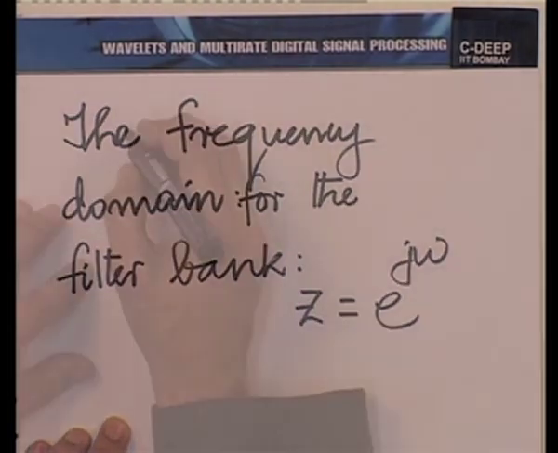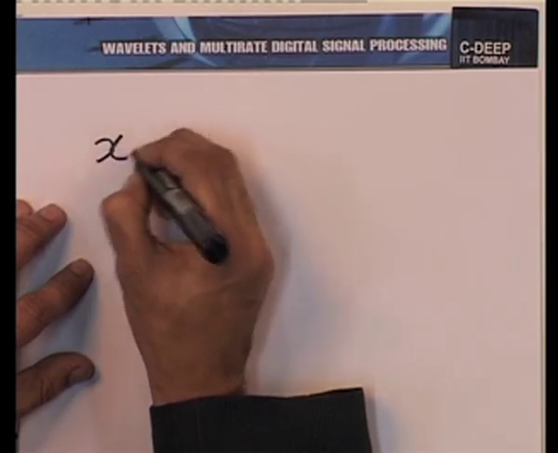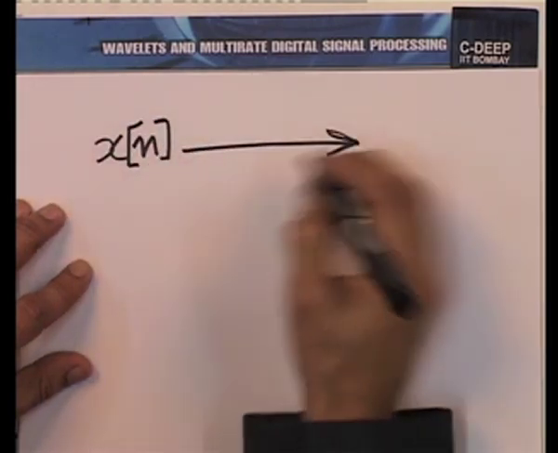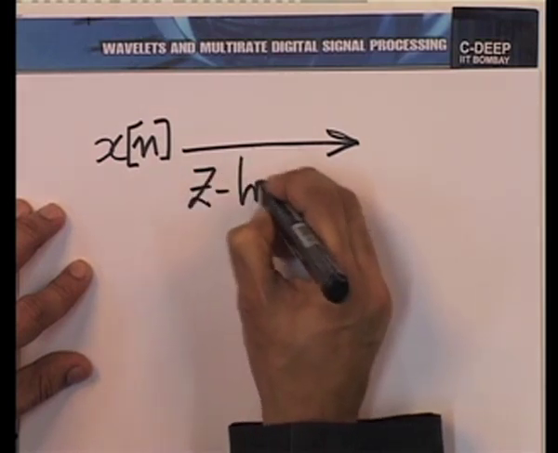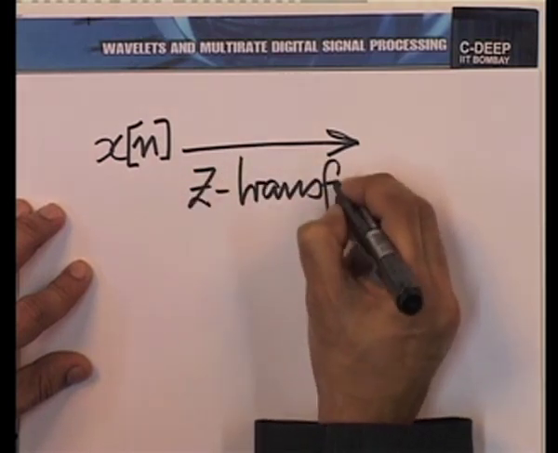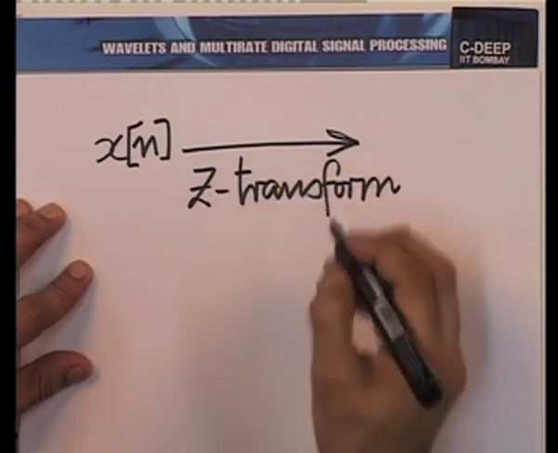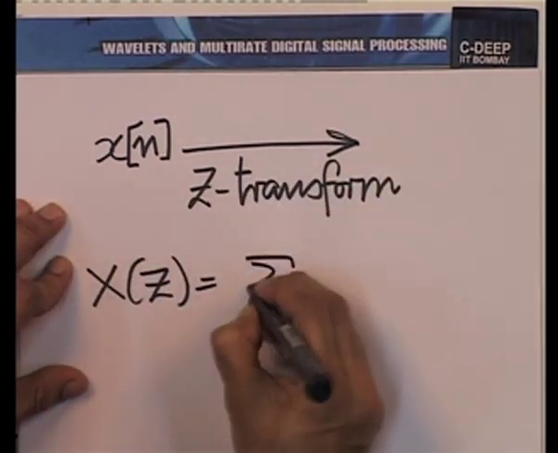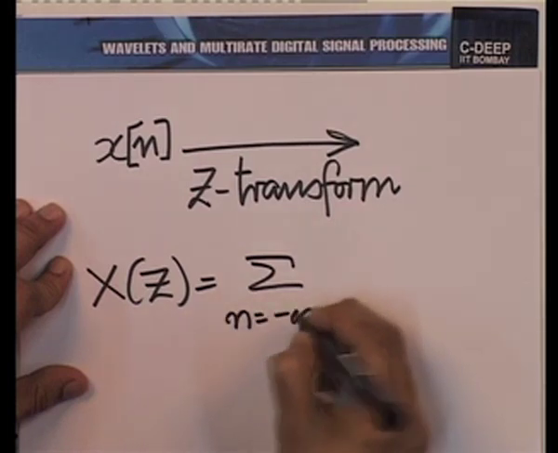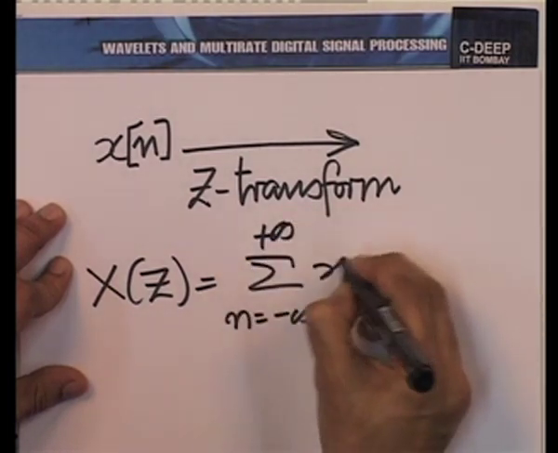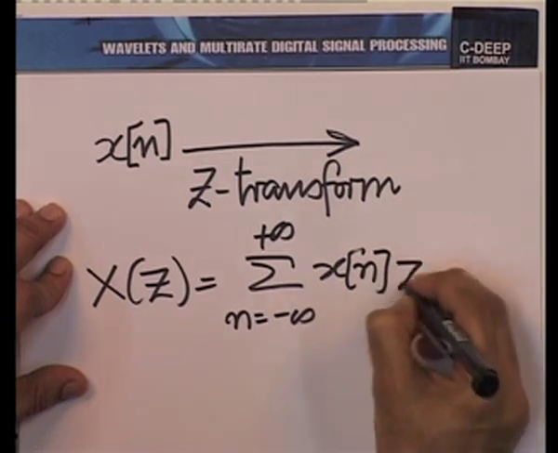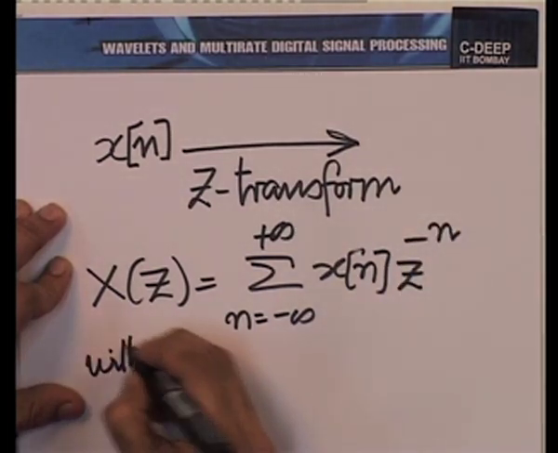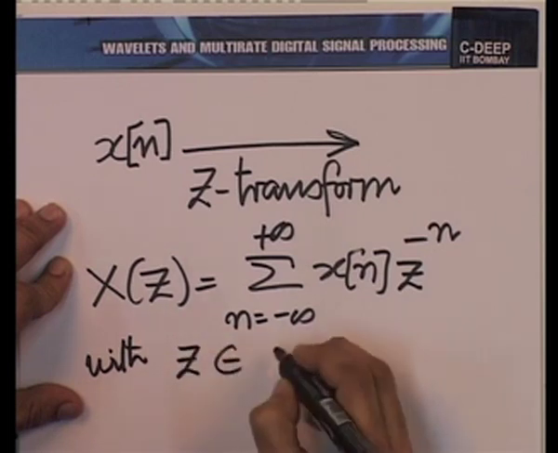We had said that if you have a sequence x of n, its Z transform is capital X of Z defined by summation n running from minus to plus infinity x of n z raised to the power minus n, with Z belonging to a region of convergence.